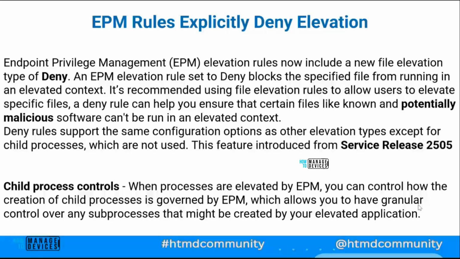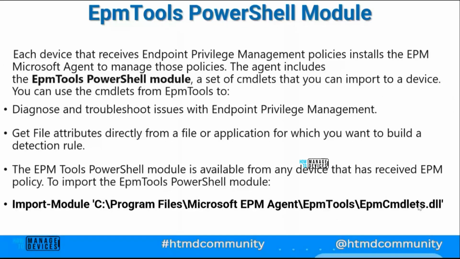And in this slide, I just mentioned the EPM PowerShell module. So what exactly is it? Each device that receives EPM policy installs the Microsoft EPM agent to manage those policies, and this agent includes the EPM Tools PowerShell module, a set of cmdlets specifically for EPM that you can import to the device.